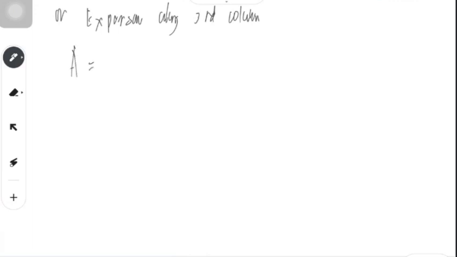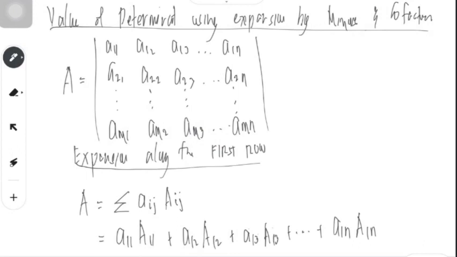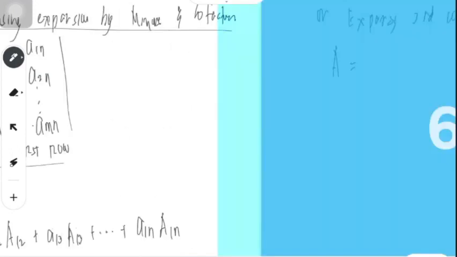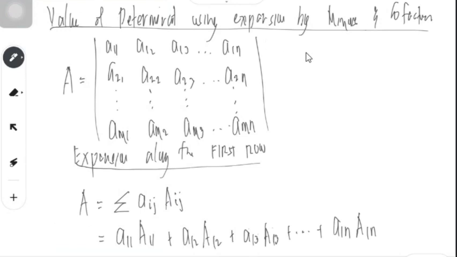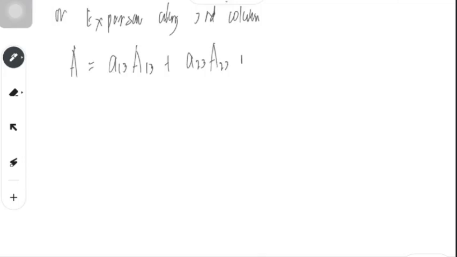The value of the determinant, in general, pagka third column tayo, we have here A13 times the corresponding cofactor. Next is A23. Then, until you have AM3.